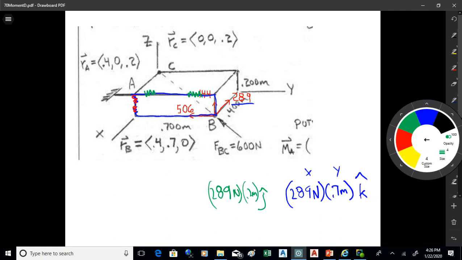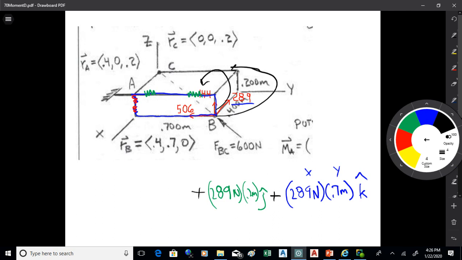Yeah, they're both positive. This one's going to come around that way, and that's going to be a positive K when I swing my fingers that way. The other will swing around that line parallel to the y-axis. That'll be positive J. All right.